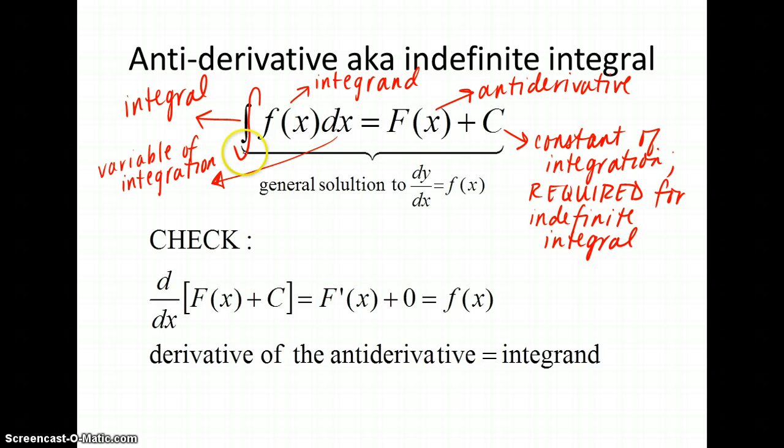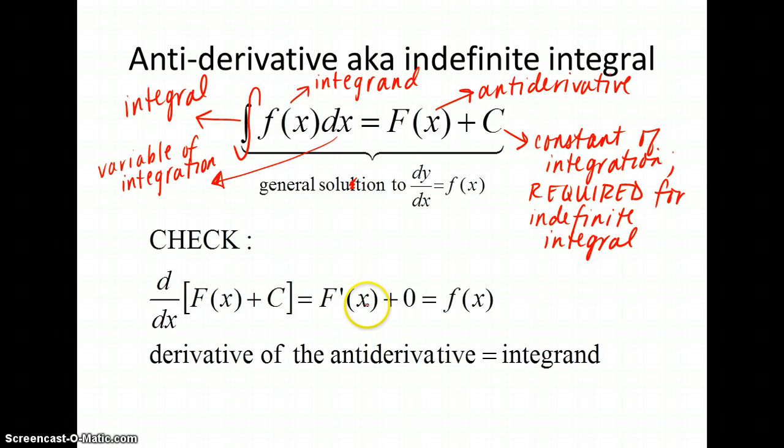So what does this entire thing do? This is what we call the general solution to any differential equation dy/dx. If you find an antiderivative, you can always check your answer by finding the derivative. So this would be our general solution, F of x plus C. What's the derivative of this?